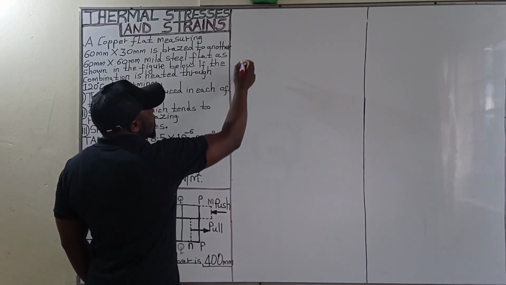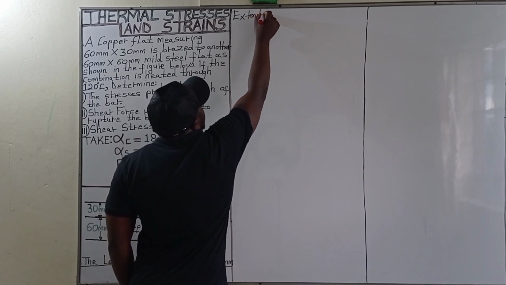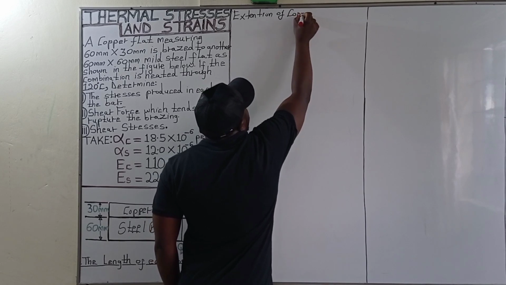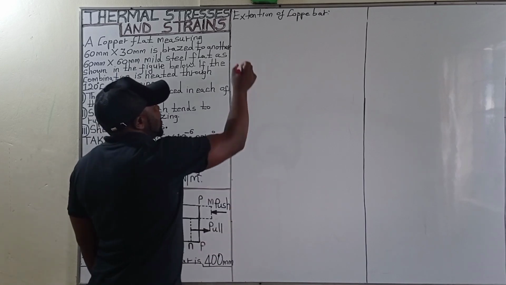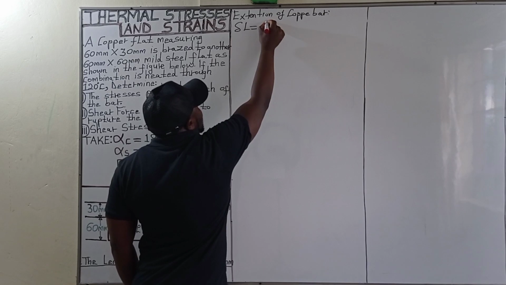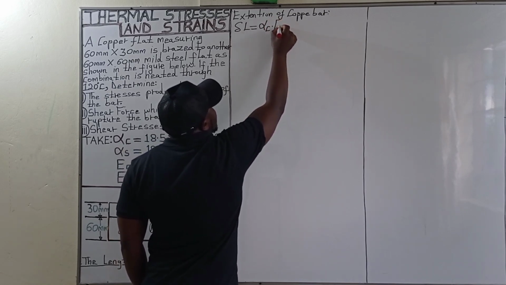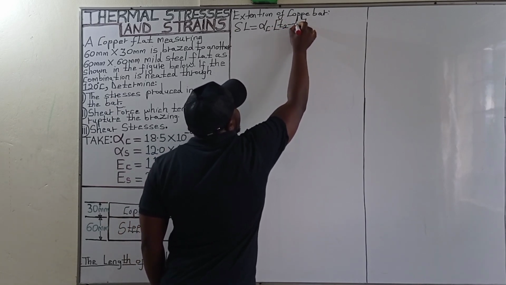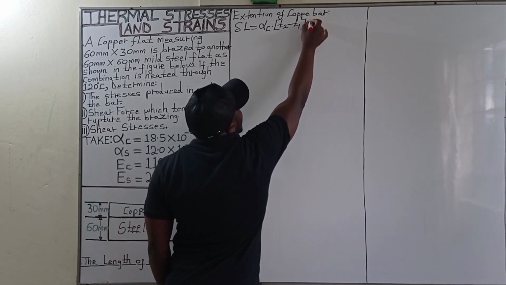And the extension of the copper bar, that is the change in length in the copper bar, will be given by the coefficient of linear expansion of the copper bar multiplied by the change in temperature, that is T2 minus T1, and then multiplied by the length.